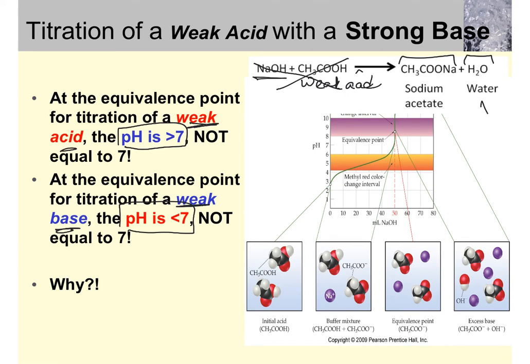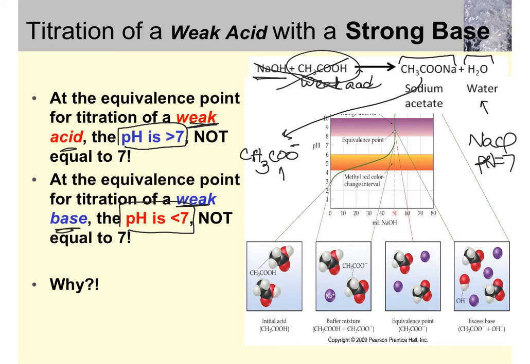Now, the water portion is neutral, but this salt, different from NaCl, which was also neutral, you have the conjugate base from a weak acid. In other words, you have the acetate ion as a product that's left over.